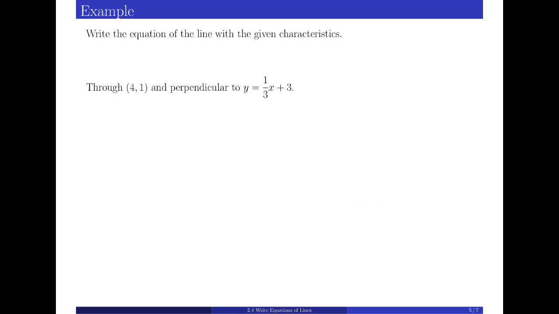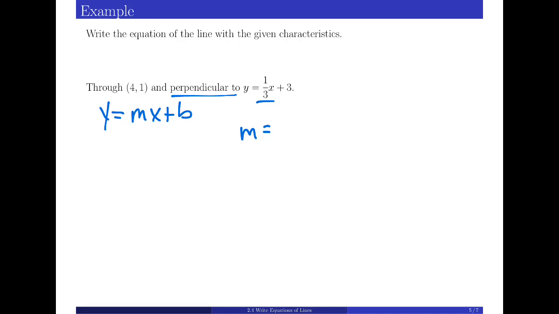So I guess the fourth case, the last case that we might have, maybe we're given a point that it goes through, and then we're given a perpendicular line. So again, trying to fill in y equals mx plus b. And what can we get from a perpendicular line? Well, we know the relationship of slopes between perpendicular lines. So if the slope of this line is a positive 1/3, the slope of the line we want is the opposite reciprocal.